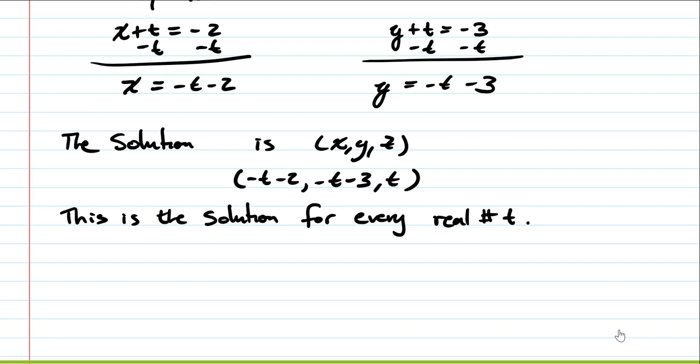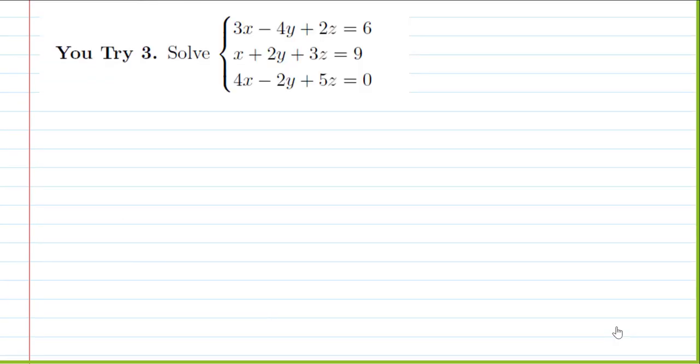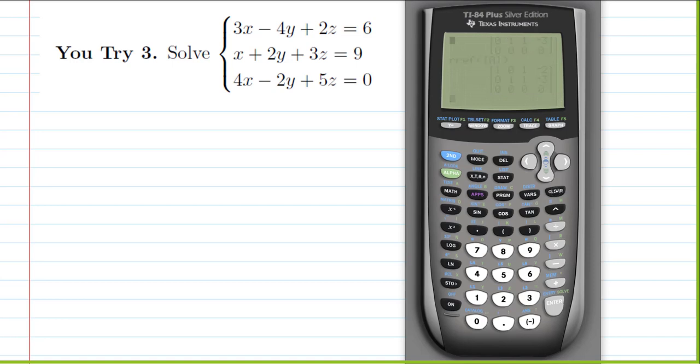All right, so let's go ahead and do this. I've already put my matrix in, so just to verify, 3, -4, 2, 6, 1, 2, 3, 9, 4, -2, 5, and 0. So then we're going to RREF that thing, and we end up with a matrix that looks like this.